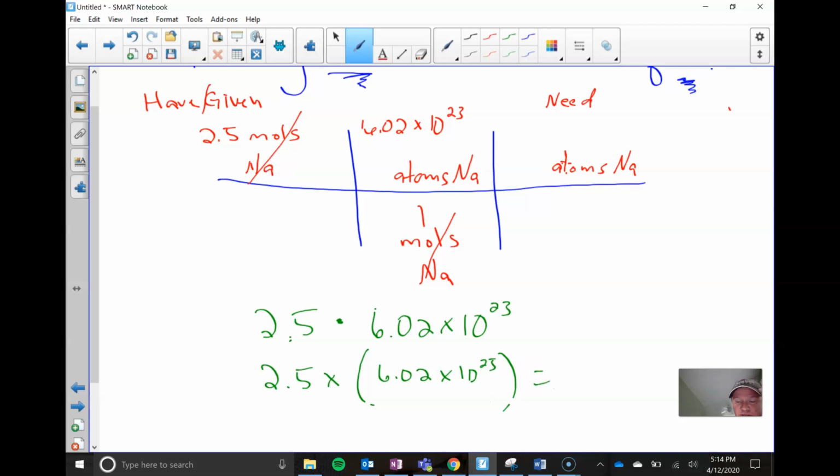And then hit your equal sign. Now what that's going to do is calculate Avogadro's number first, then multiply it by 2.5, and then it's going to spit out an answer. All right? So I'm going to pause, and then I'm going to do this on my iPhone calculator to see how it comes out.